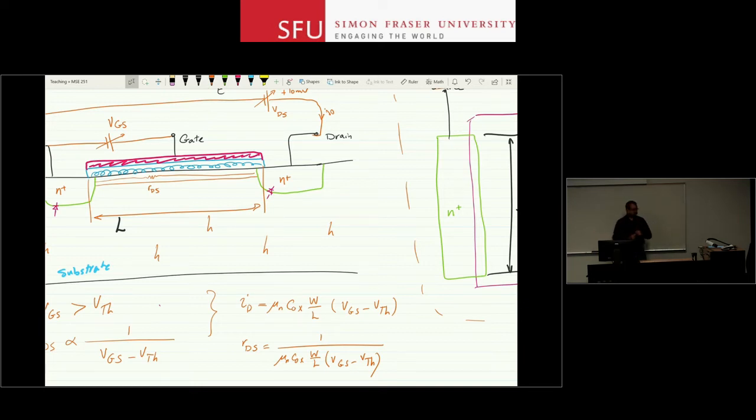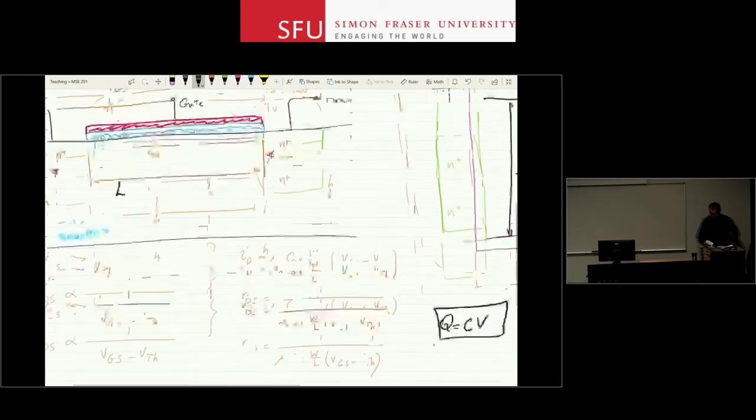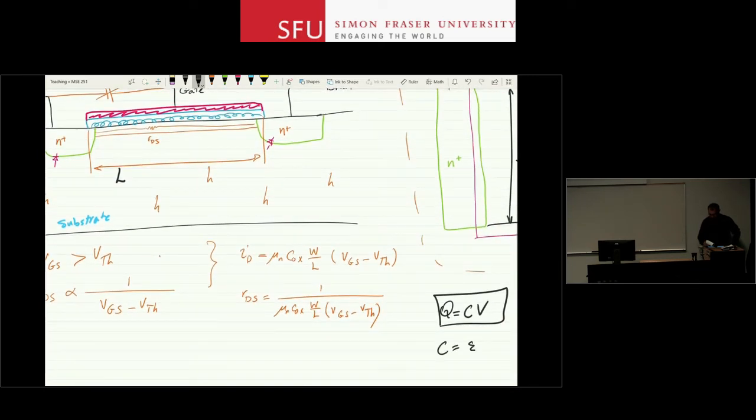In a capacitor, from basic physics, we know that Q, the stored charge on a capacitor, is CV, where C is epsilon, the permittivity of the material, epsilon naught, permittivity of free space, times the area of the capacitor, divided by the gap between the electrodes of the capacitor. So for a given value of a voltage, depending on what C is and how you make your capacitor, you can have different amounts of charge stored on that capacitor.